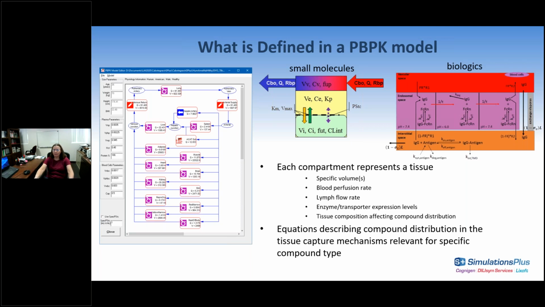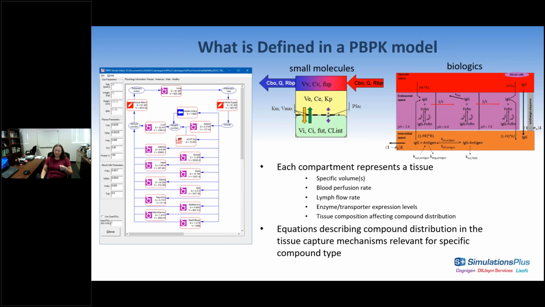Many of you may be familiar with this schematic since you might have seen it in publications and papers, and it outlines the layout of the different tissues in the body. The PBPK model is basically a compartmental PK model where the compartments represent specific tissues in the body.